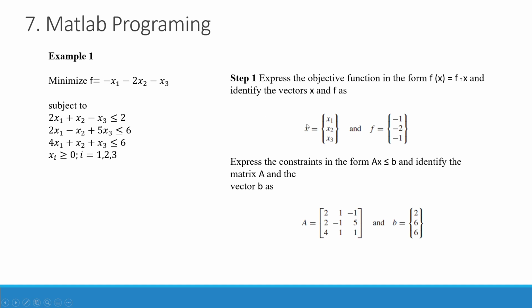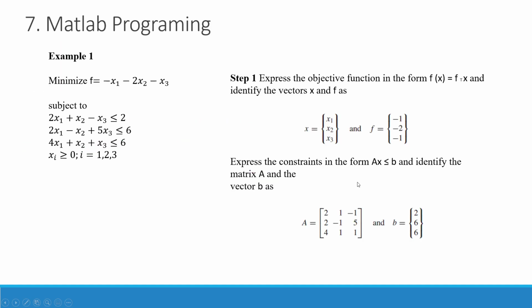To do this, we need to put it in matrix form, expressing the objective function as f transpose x, and identifying the vectors x and f. Our variables are x1, x2, x3, and our f vector is -1, -2, -1. Our A matrix is 2, 1, -1, 2, -1, 5, and 4, 1, 1, and our b vector is 2, 6, 6.